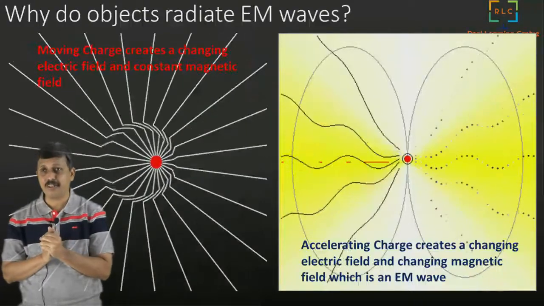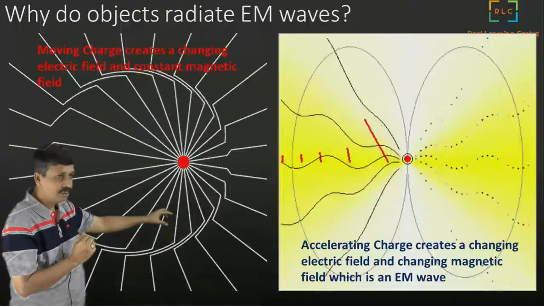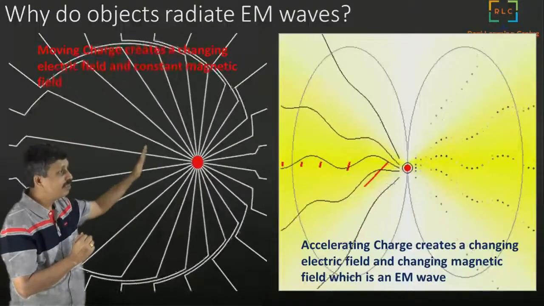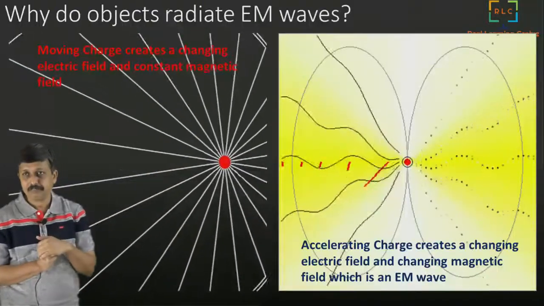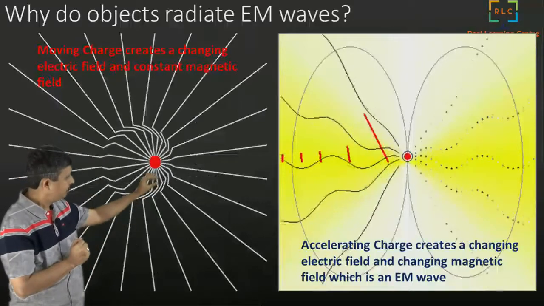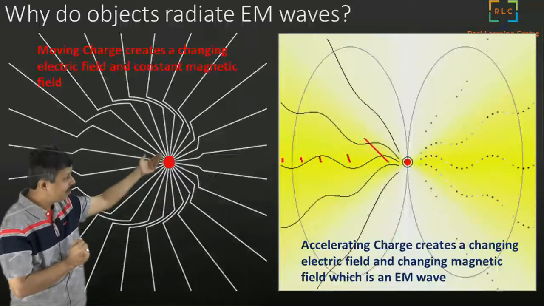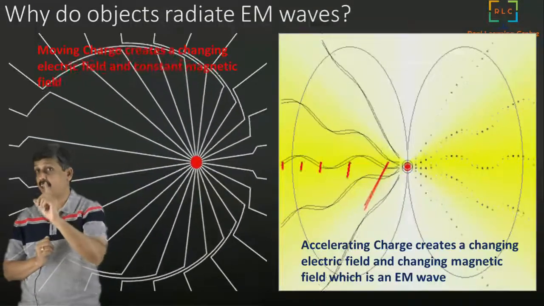Now you see the beauty. Whenever you keep moving the charge, the magnetic field gets created, and that is also changing because you are changing the electric field. Then you are accelerating the electric field in fact. So that magnetic field, since it is changing, actually creates an electric field. We have seen that earlier.